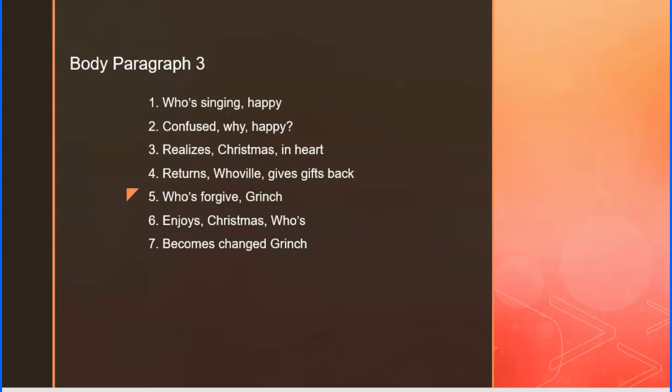So that's where I might talk about the moral of the story being that people are different. The Whos seem to be a little different than the Grinch, but they accept him anyway. Whatever morals to the story, you can include those.